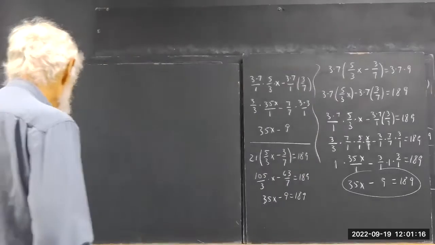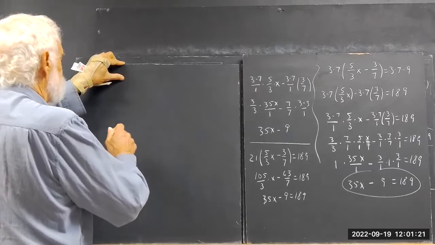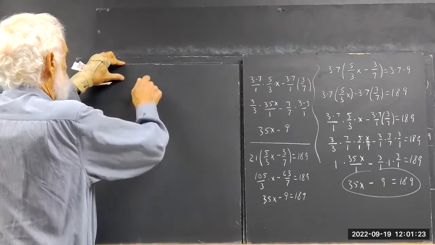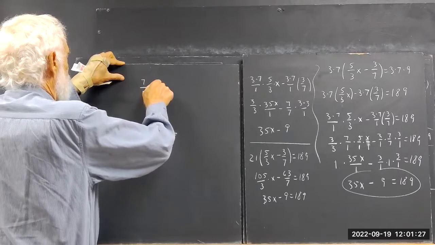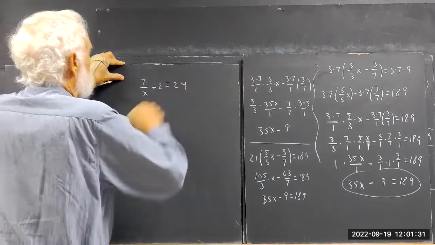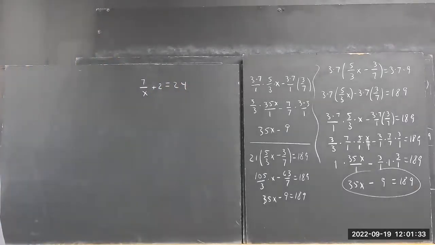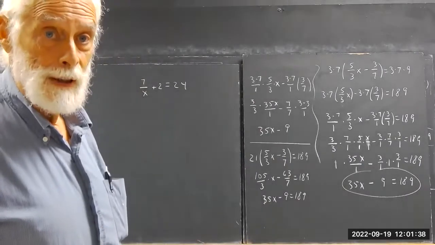Okay. Now, we have an equation like something over x, let's say 7/x plus 2 equals 25. Your equation will have different numbers in it. It's the same idea.